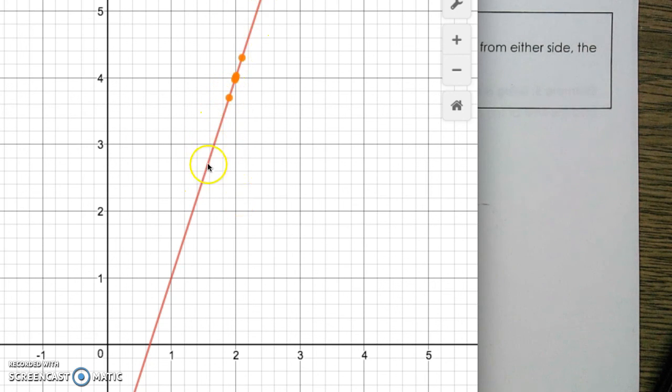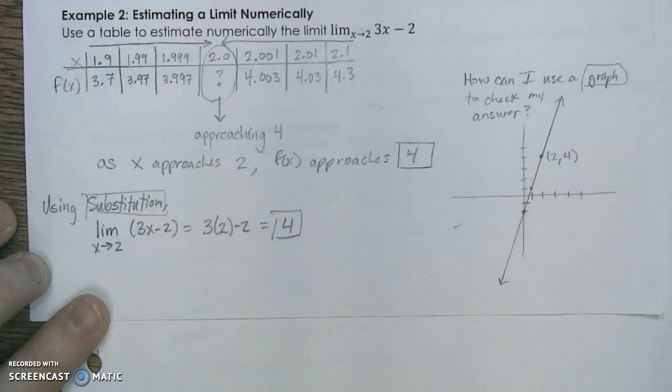And we see from the left side, so this is the left side of 2, this line is going up towards 4. If I look at the right side of the number 2, the line is going down towards 4. And so that tells me that the limit is 4. Because at 2, we're getting really, really close to 4. And actually, in this case, it actually equals 4. So that's graphically. Then we also have symbolically.